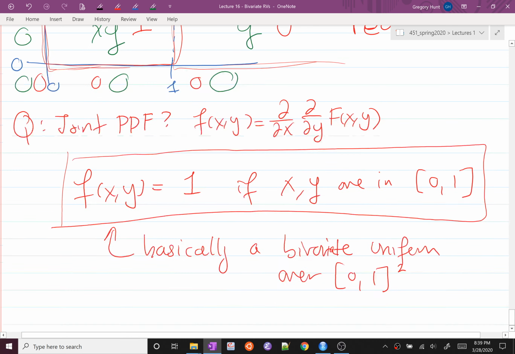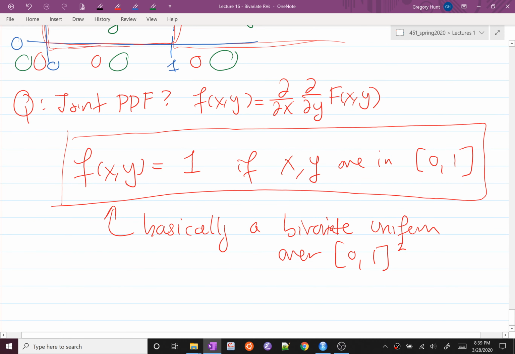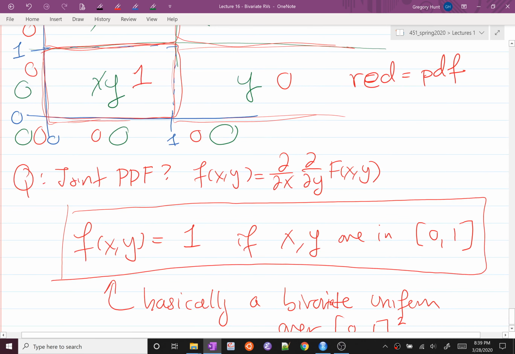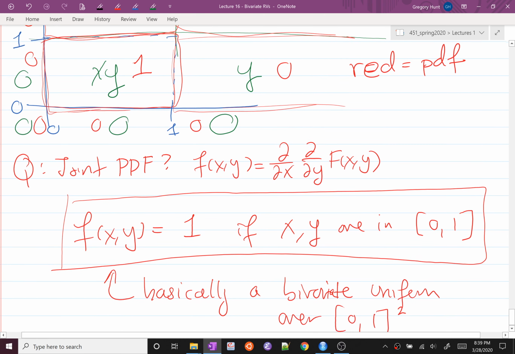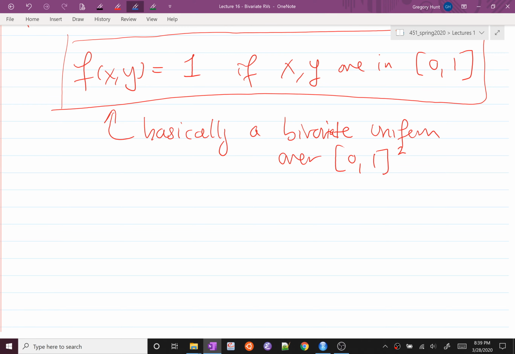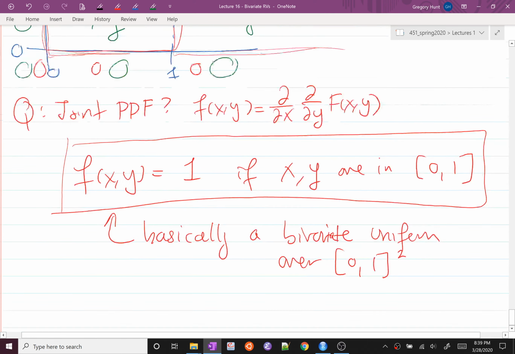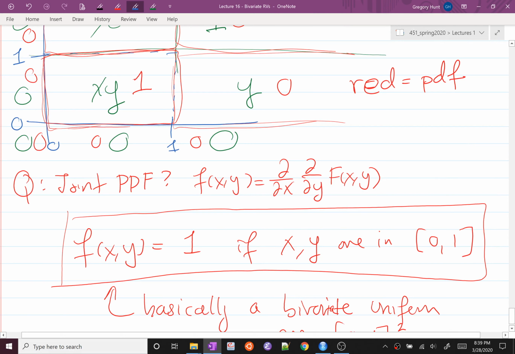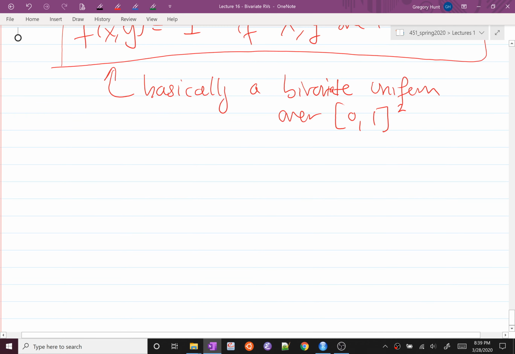And you might guess that if I'm just as likely to be anywhere in the square, the marginals of the bivariate uniform are going to be uniform over 0 to 1. Our intuition is that if I just look at the marginals, they should give me the uniform distributions also. But we can actually show that formally. So let's look at how to show that formally.